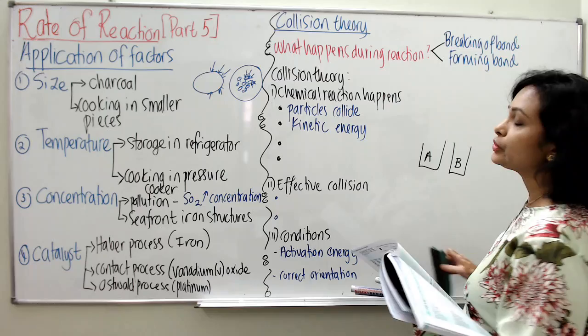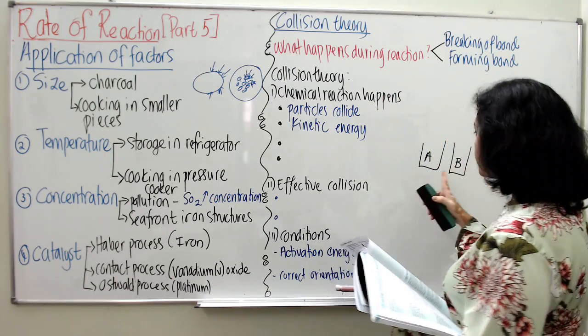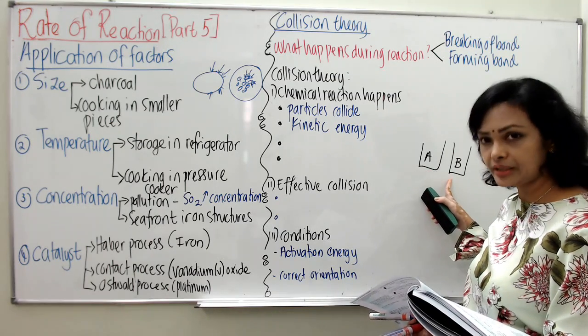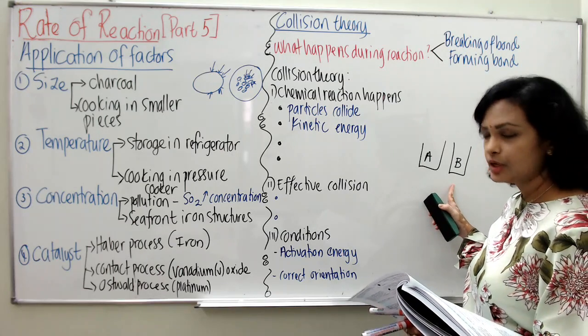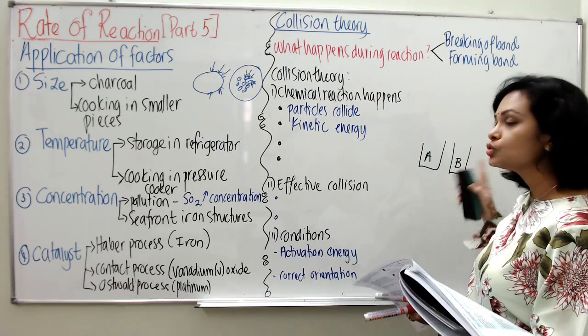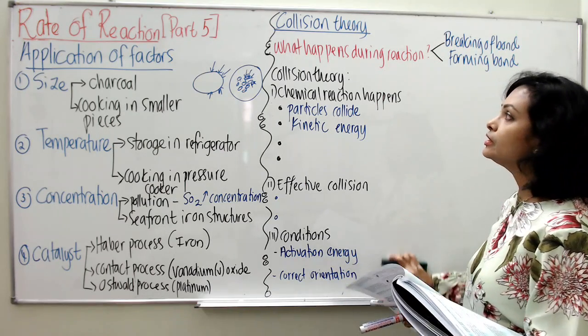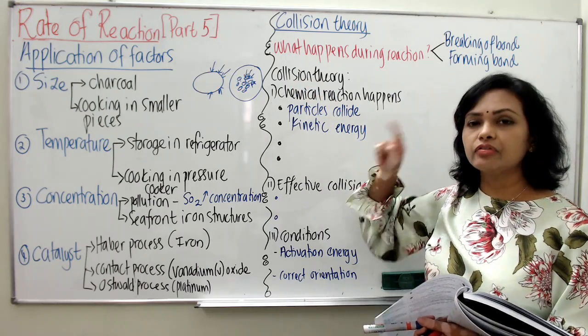Why am I asking you this question? When explaining collision theory, like what I explained, A has to be mixed into B for it to react. So what happens is when A mixes with B, they will go through collision.